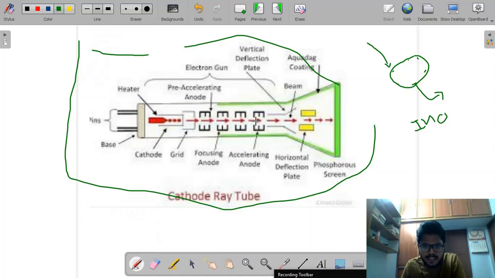While these electrons pass from the accelerating anode, they pass through two plates. This is called the vertical deflection plate, and this is the horizontal deflection plate. I will explain in detail why these plates are required.